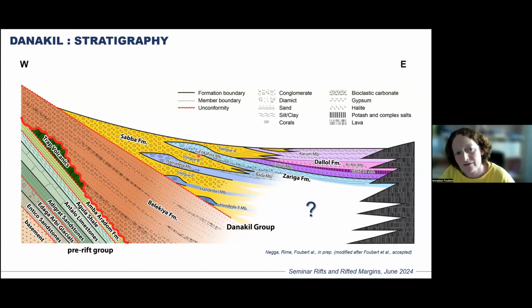On top of that, you have the Saba formation, which are also conglomerates, sandstones and siltstones, brought into the basin by alluvial fan systems and fluviatile systems. The Saba formation is already Pleistocene in age, while the conglomerates of the Bilikia formation are mainly Neogene in age.